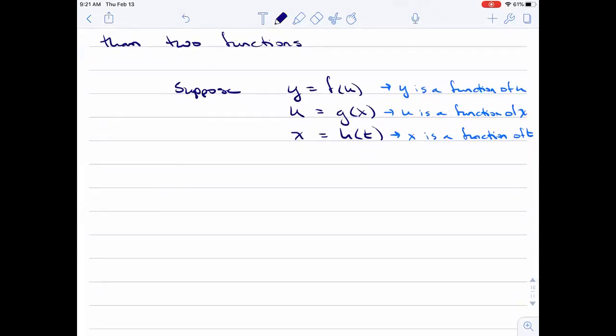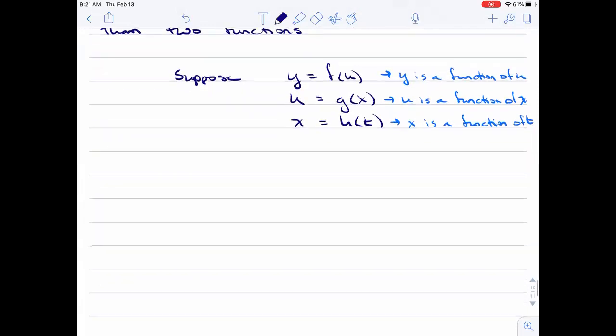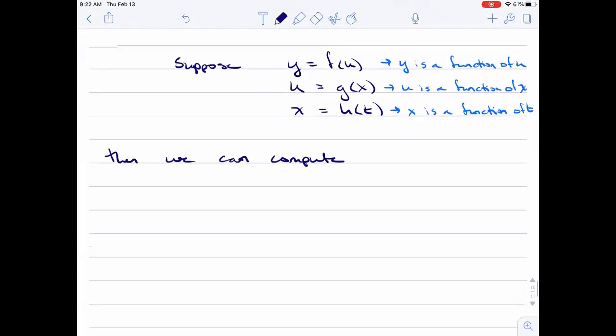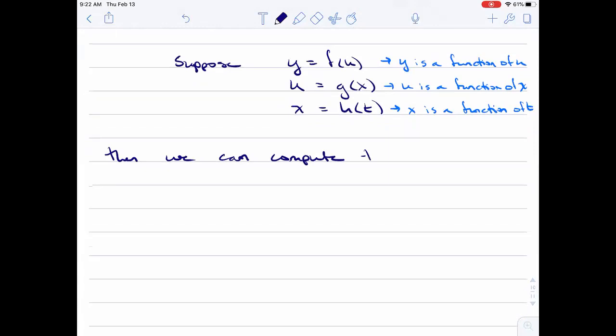So now I've got h of t inside g inside f if I want to talk about y with respect to t. And so then we can compute the derivative of y with respect to t.